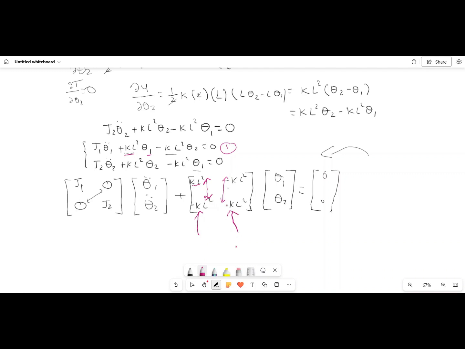Oh, because I thought if the notation is written theta 1 at the top and theta 2 at the bottom, then that's how it must be in the matrix. Wait, let me write what you are saying because I need to clarify. Do you see that matrix? It has theta 1 at the top and theta 2 at the bottom.